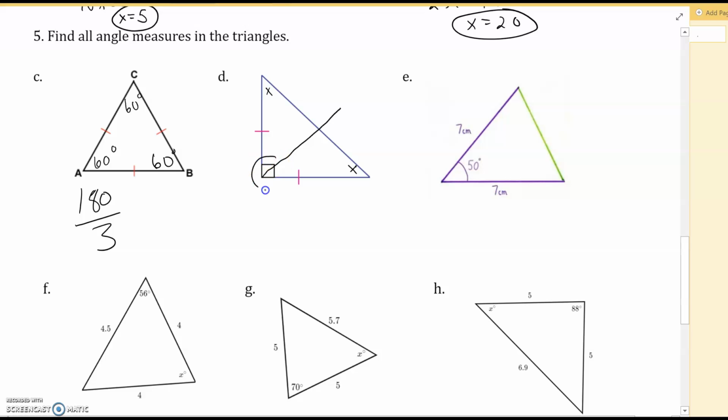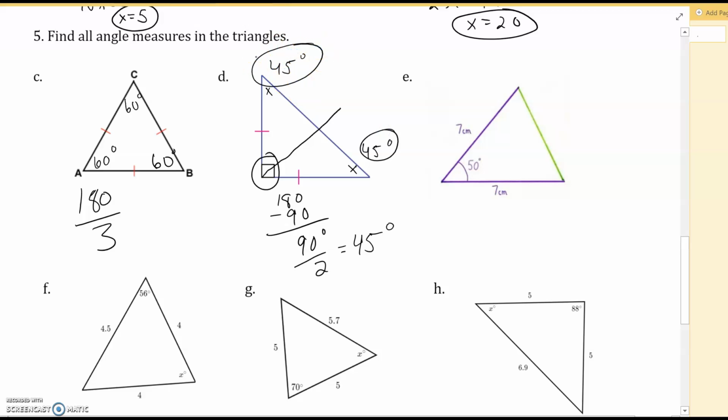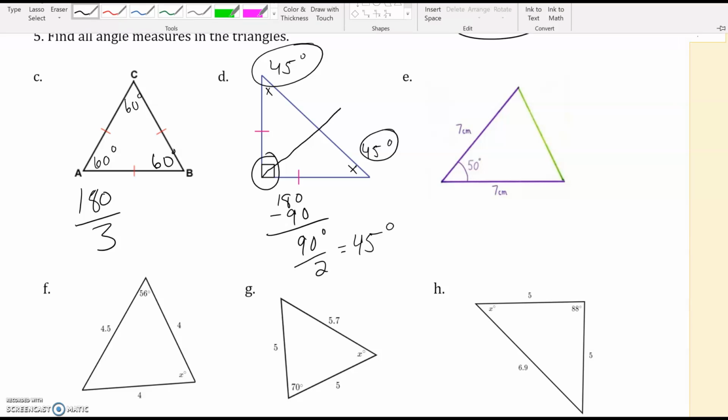So since I know this is 90, I can go 180 minus 90, which leaves me 90 degrees. Since these are even, I can divide that by 2 to get 45 degrees each. 45, 45. Again, the key here is finding your line of symmetry.